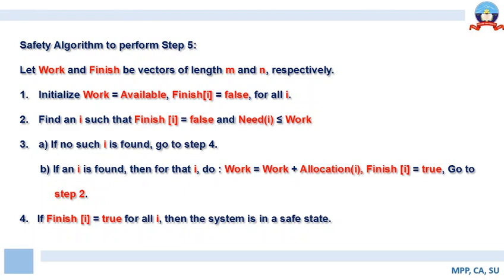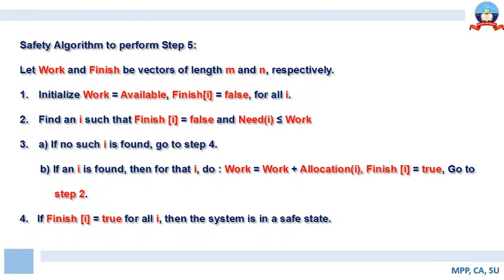Now when this particular condition is validated, the consequence can be two. One is, if no such i is found, we need to perform a sequence of steps, and if such an i is found, we need to perform a sequence of steps. So first let us consider that no such process is found.